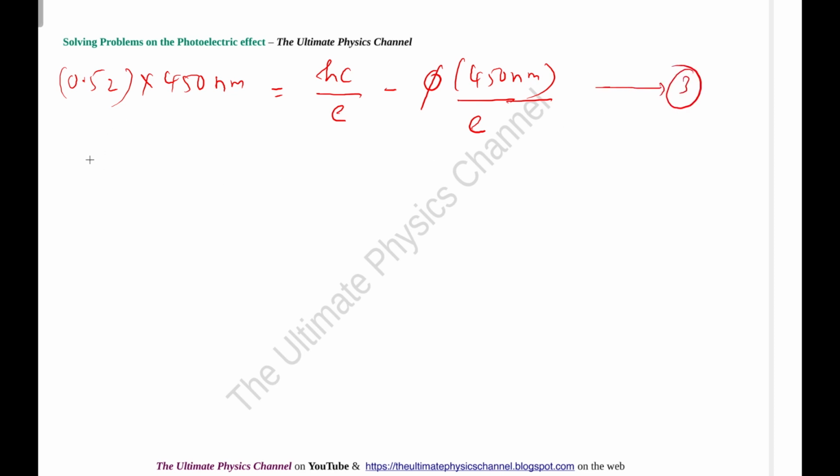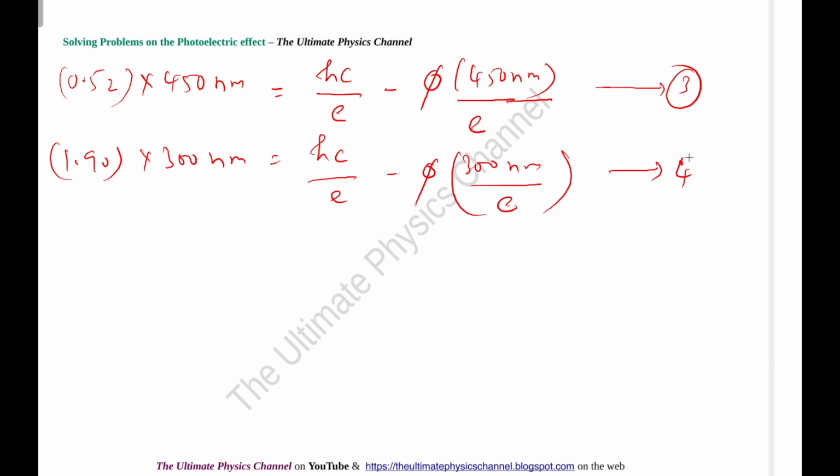Similarly, for equation 2, multiplying by 300 nanometers over E, we get 1.90 times 300 nanometers is equal to hc over E minus 5 times 300 nanometers over E.